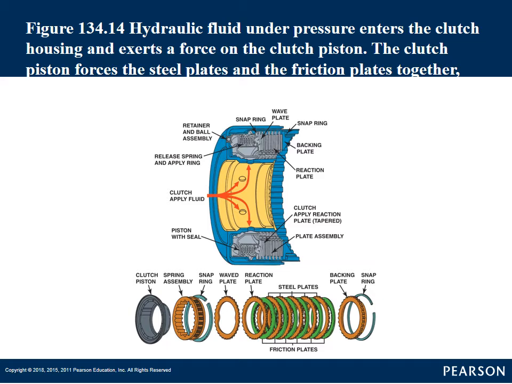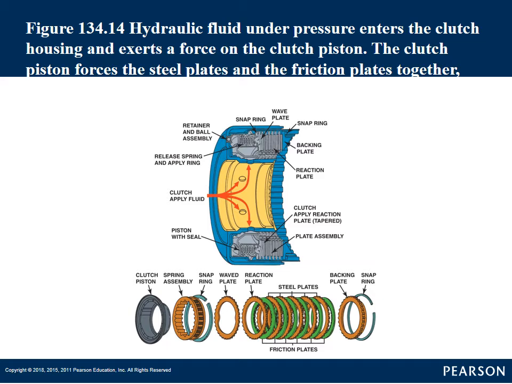Then you can see we have a waved plate. A lot of times these are just a thin steel plate that is waved or beveled, and we'll talk about that here near the end of this. They're using that to help cushion the apply of that clutch pack.